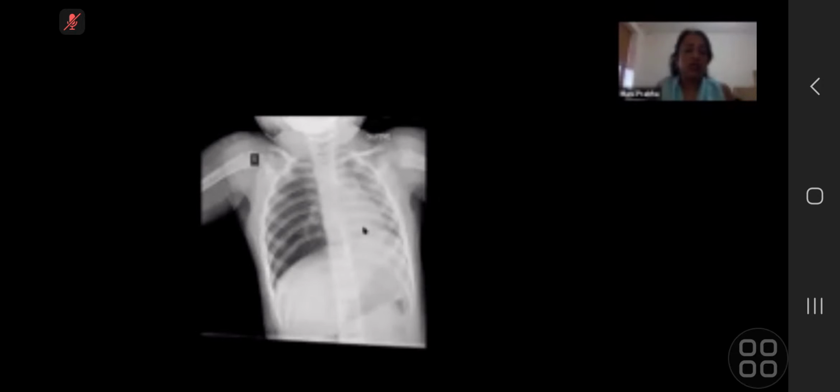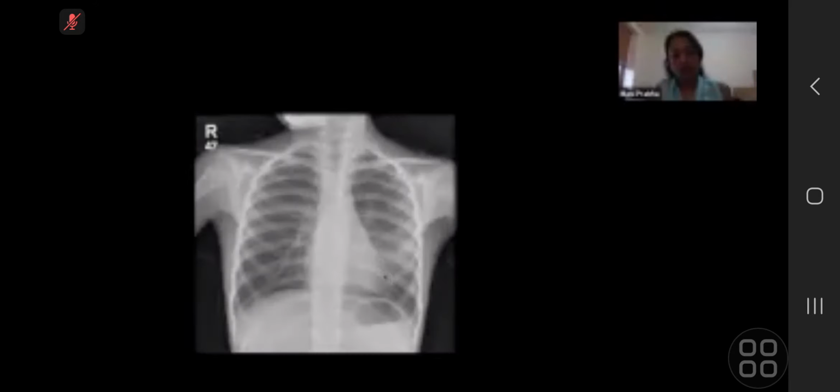This is probably projectional, which was looking like a radiopaque foreign body. It is projectional, I guess. The rib and the pulmonary artery are actually overlapping. That's why it's looking more dense. And this was correctly described, that there is haziness in the left middle and lower zone, which is obscuring the left cardiac border, and it's typical for lingular consolidation.